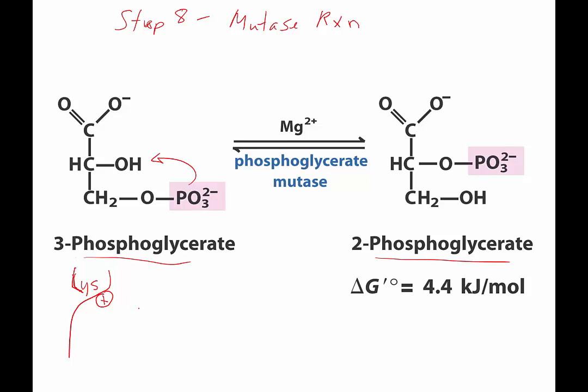Then the substrate comes in, our carboxyl group with a negative charge gets positioned near the lysine. Then our middle carbon, our hydroxyl carbon, comes next, and then we have our phosphate.